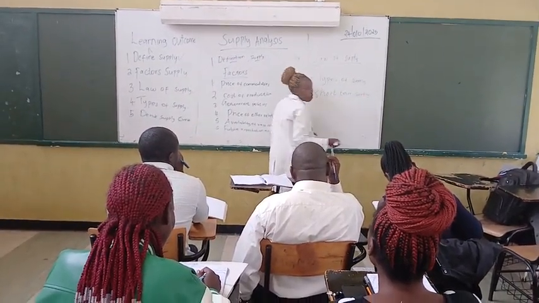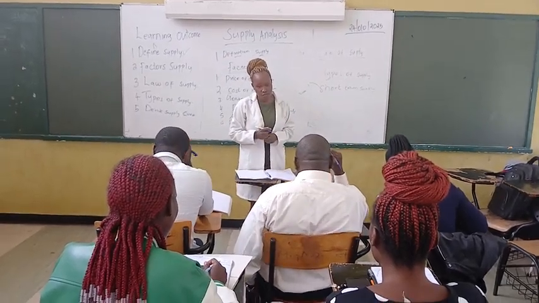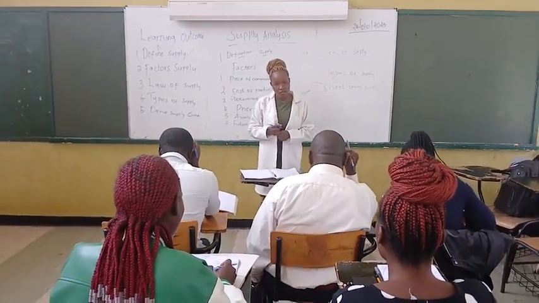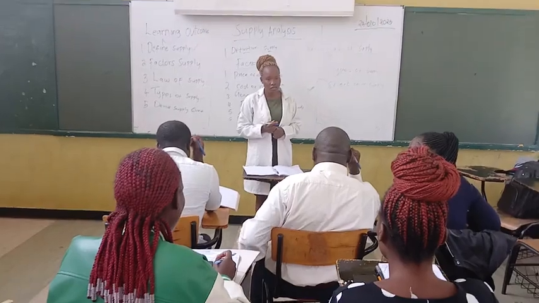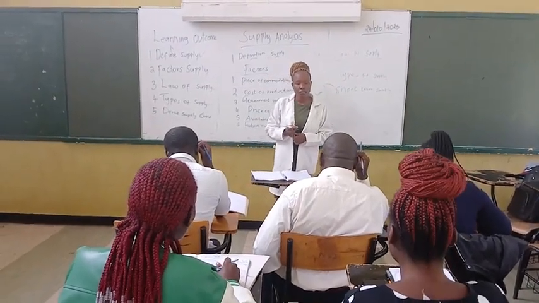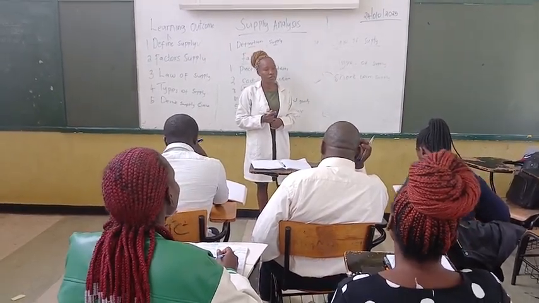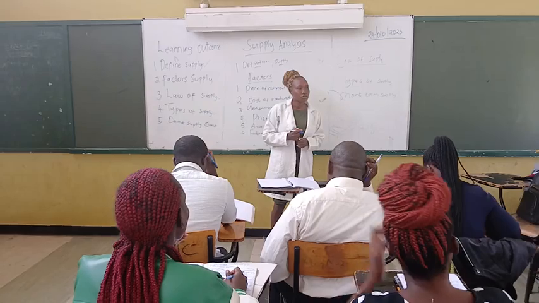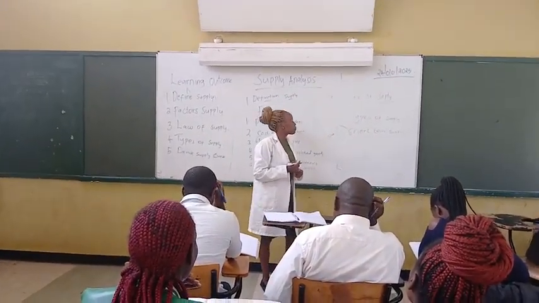Can you tell us more about short-term supply? Yeah, it explains that the ability of a purchaser to buy goods is constrained by the available supply. So buyers cannot purchase beyond the supplied products.